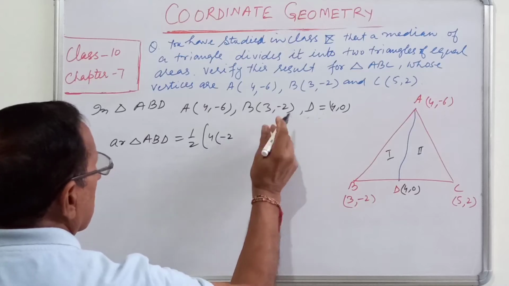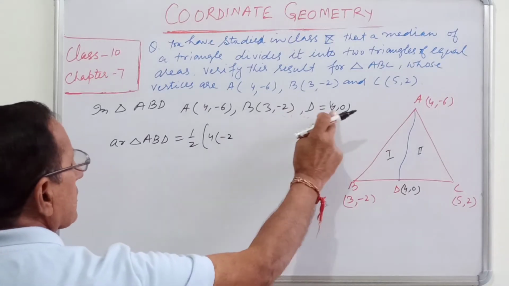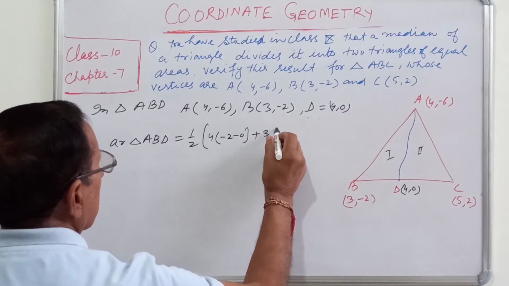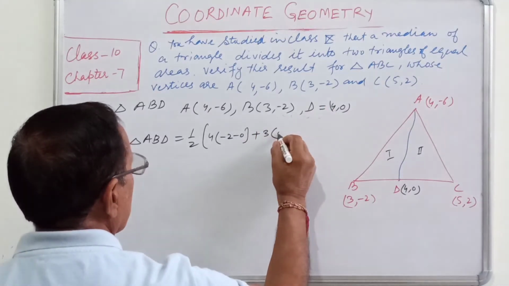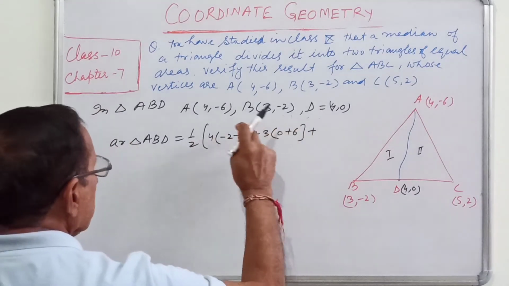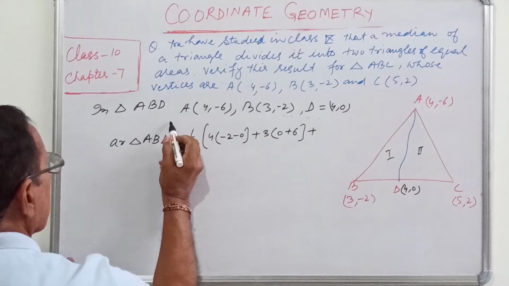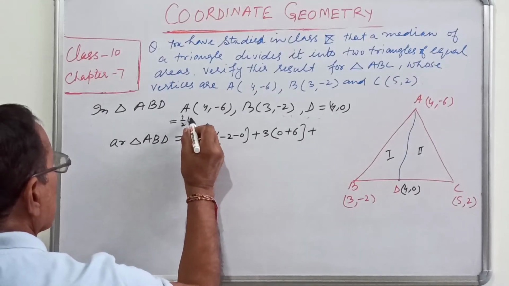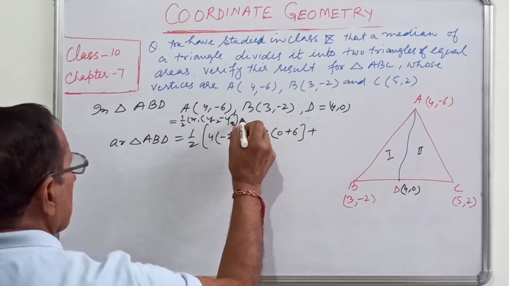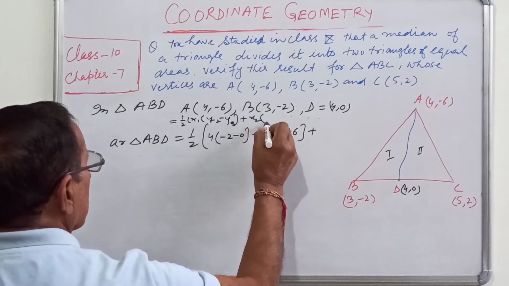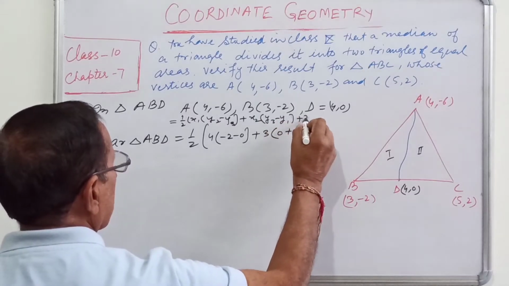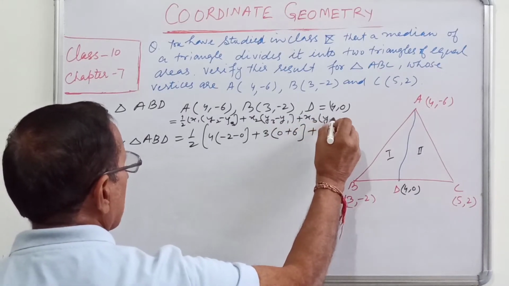minus y2 minus y3 plus 3 into 0 plus 6 plus... So the formula is 1 upon 2 into x1 (y2 minus y3) plus x2 into (y3 minus y1) plus x3 into (y1 minus y2).